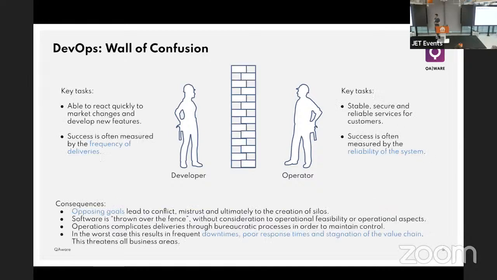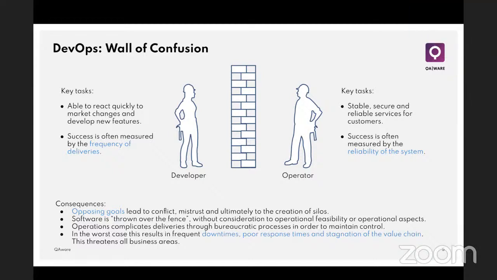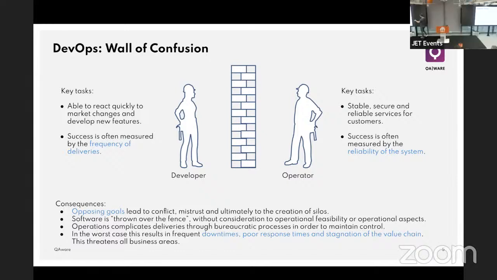The reason is that one part is measured by the frequency of deliveries most of the time, and the other part is measured by the reliability of the system. So pretty opposing goals. This led ultimately to downtimes and poor response times, and as an ultimate problem to the stagnation of the value chain. And apparently it happened that software was just thrown over the fence. I don't know if that's actually an English phrase, but we say it in Germany.